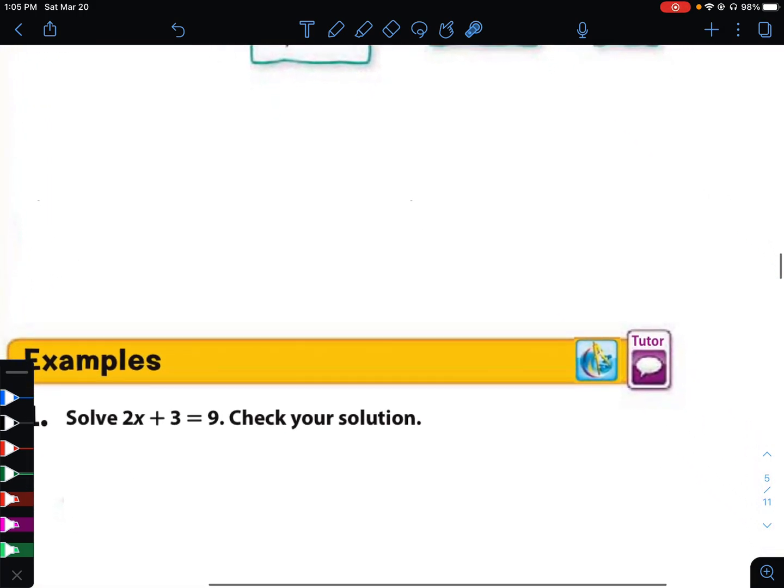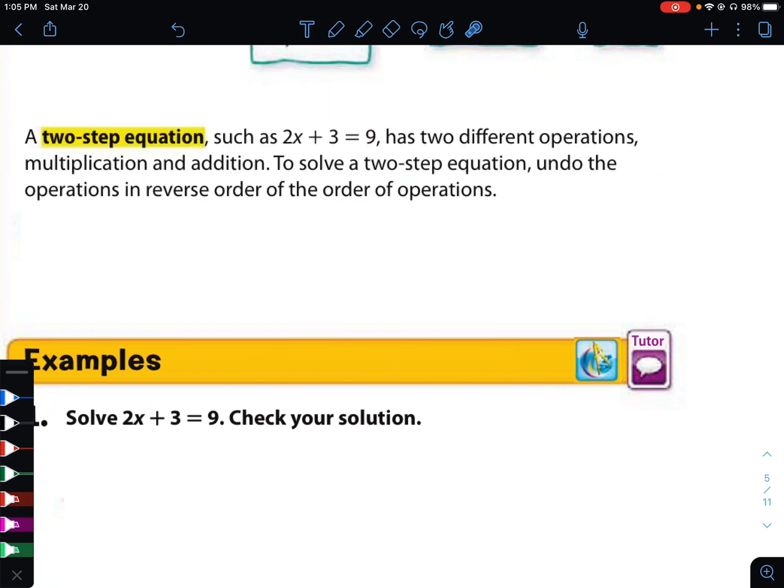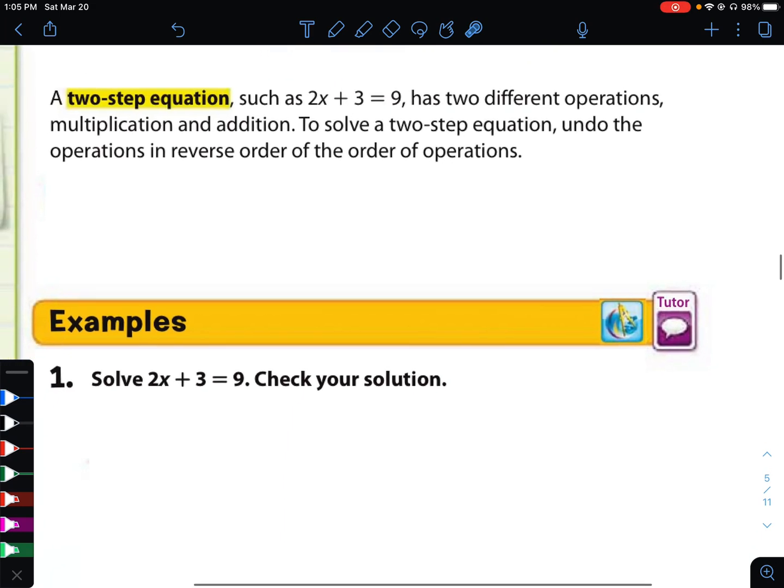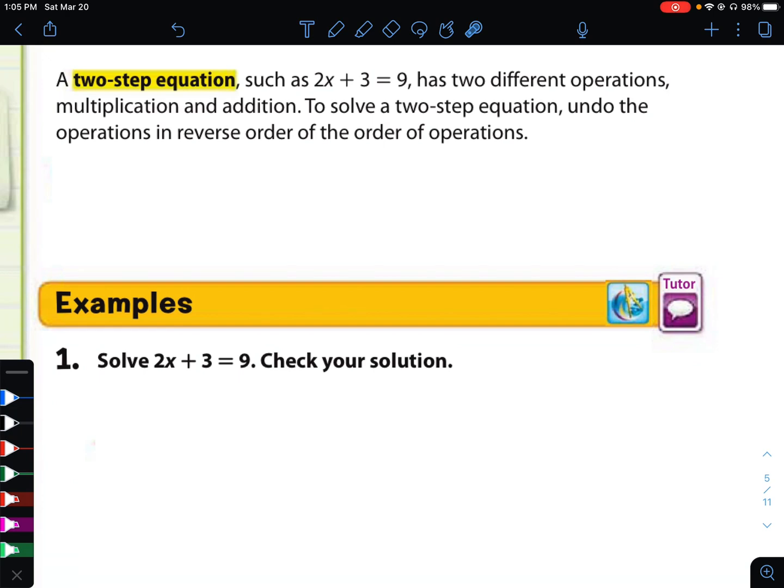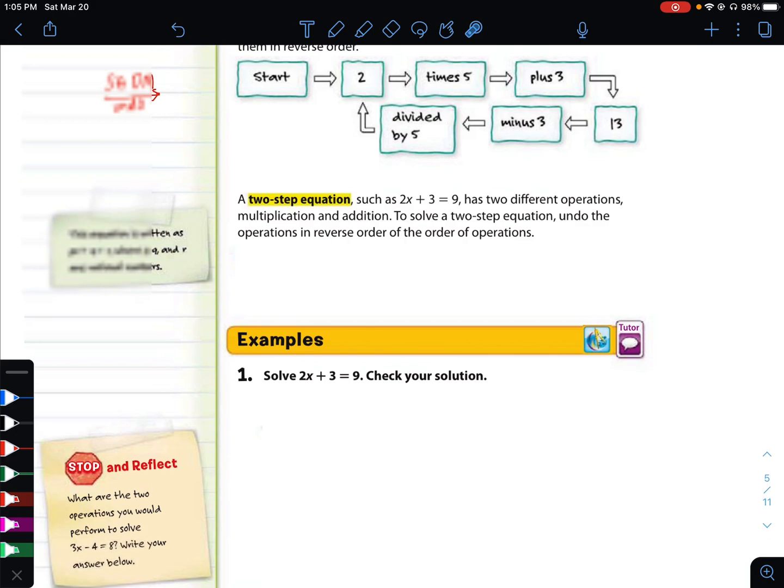So basically what it's saying is that a two-step equation, such as 2x plus 3 equals 9, has two different operations, multiplication and addition. To solve a two-step equation, undo the operations in reverse order of the order of operations. And that's what I just told you.